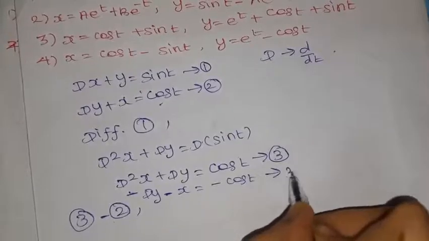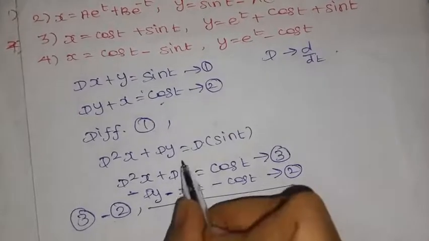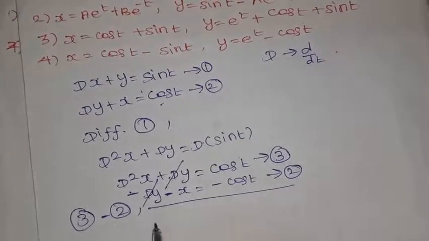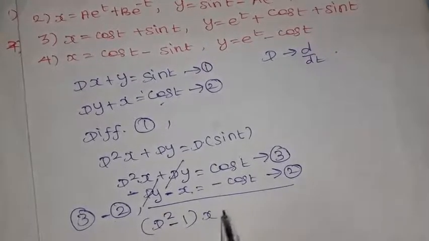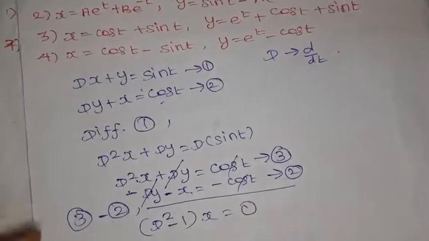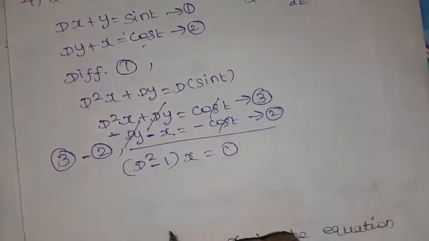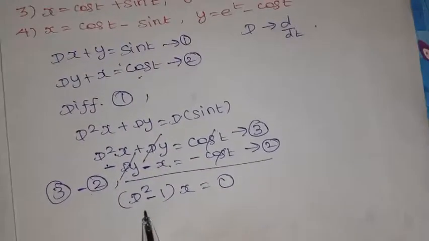Dy minus Dy gets cancelled. So D squared minus 1 into x will get 0 on the right-hand side, since cos t minus cos t is 0. So (D squared minus 1) into x equal to 0. What is the auxiliary equation?